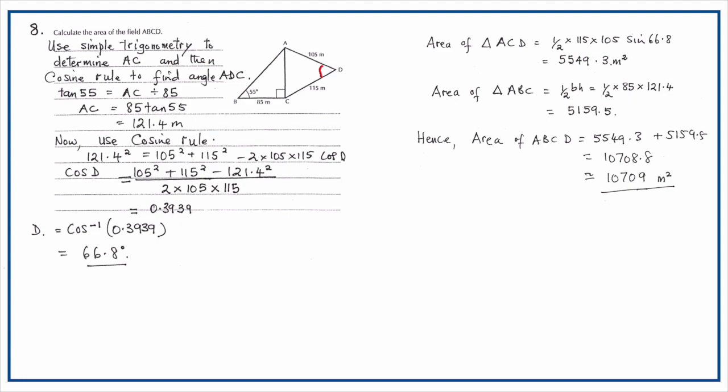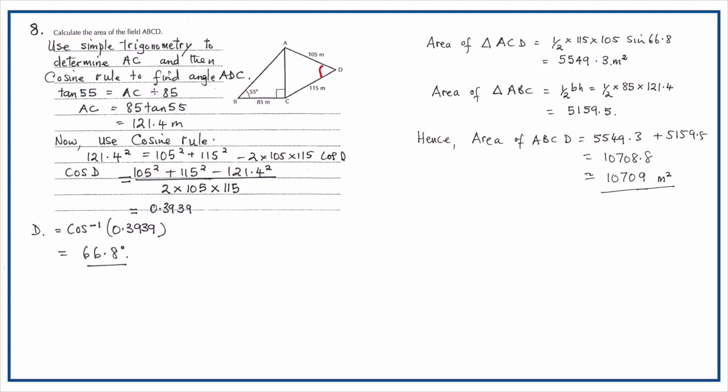The area of triangle ABC, using the formula half base times height, equals a half times 85 times 121.4, which equals 5159.5 meters squared.